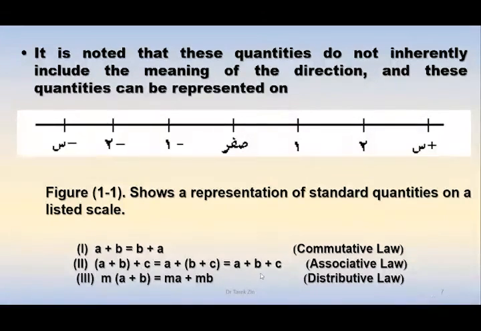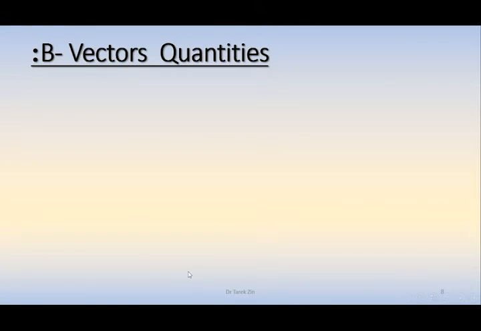Similar for the associative law and also the distributive law, meaning if we take a common factor from these values, it is exactly the same as multiplying m by a and adding m multiplied by b to it.